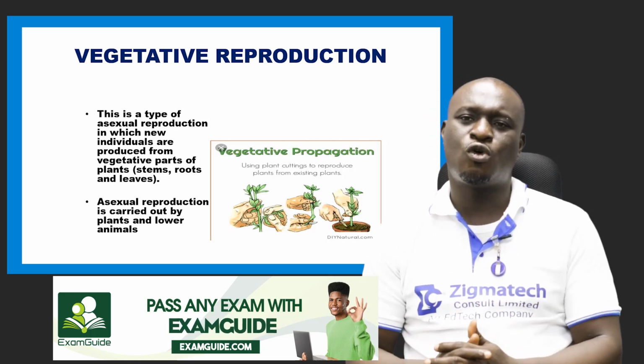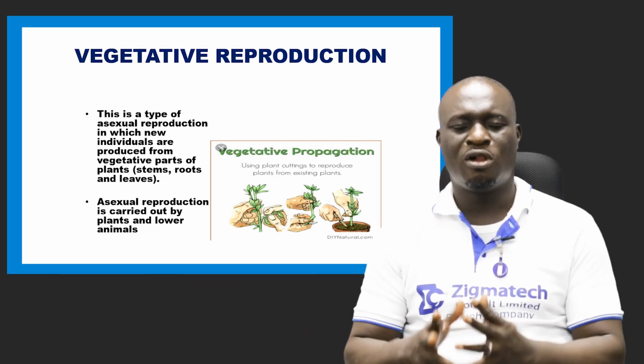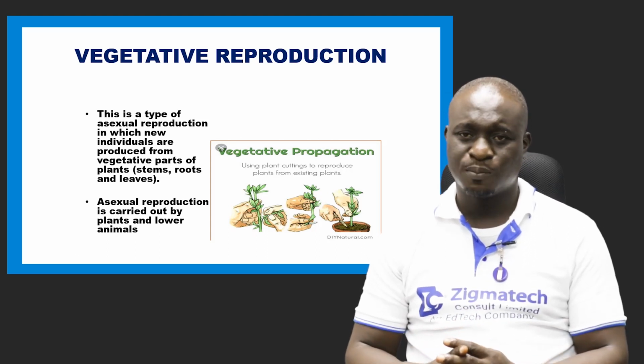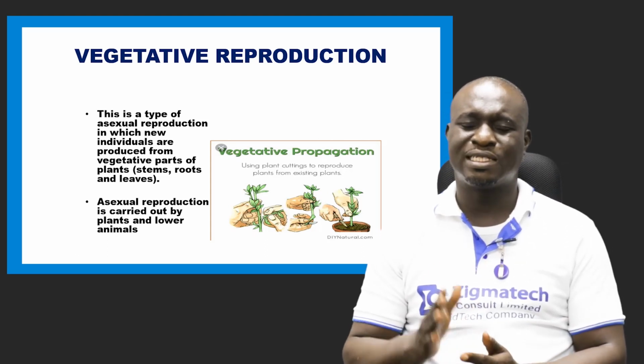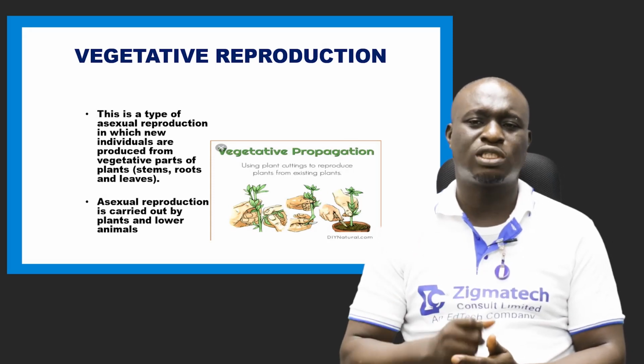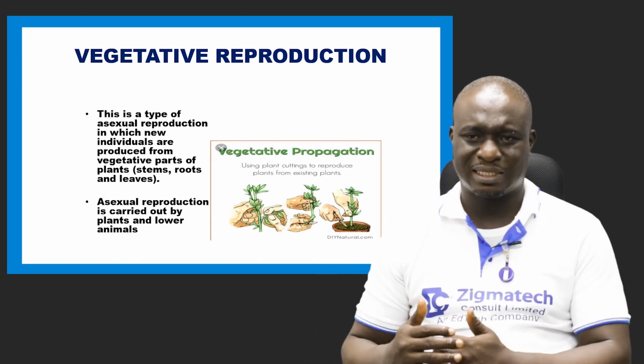Now, quickly, number 4, or the 4th type of asexual reproduction, is what we call vegetative reproduction. Vegetative reproduction is a type of asexual reproduction in which new individuals are produced from vegetative parts of the plant.